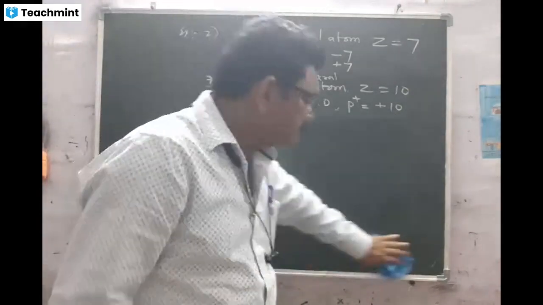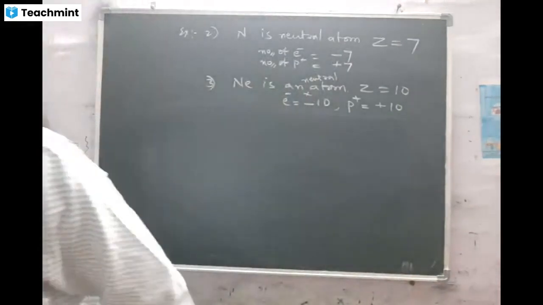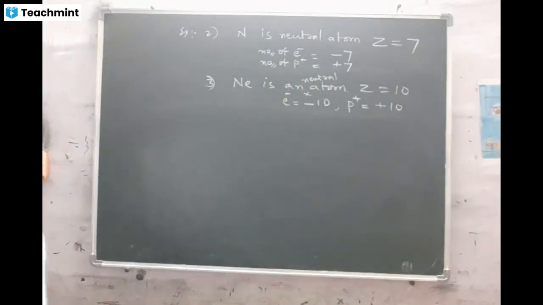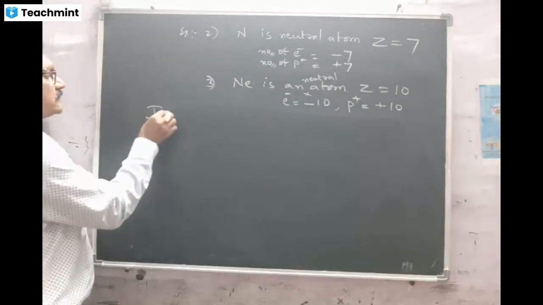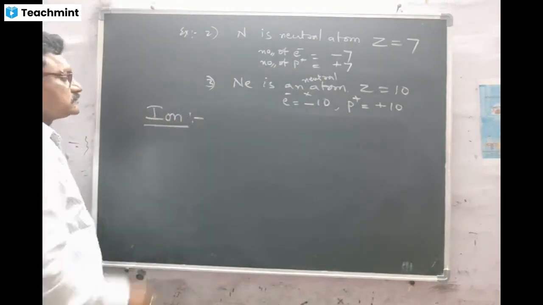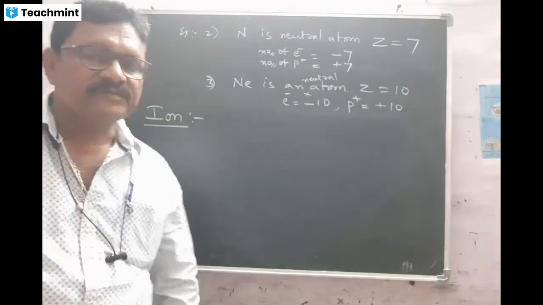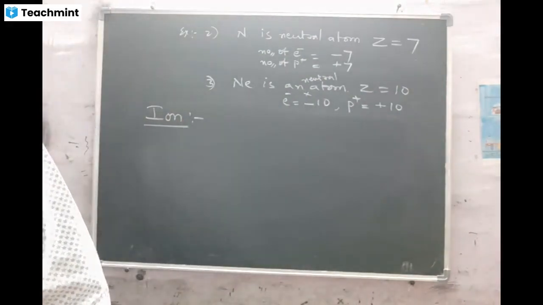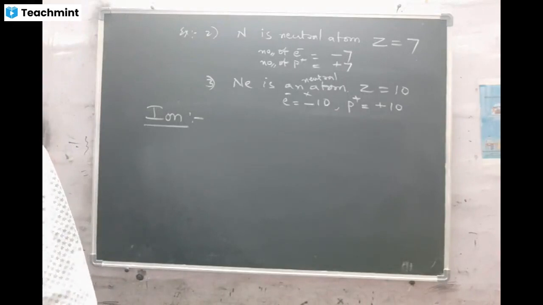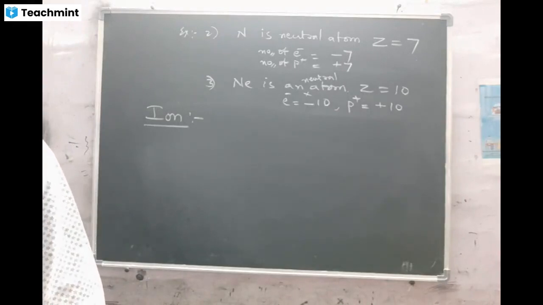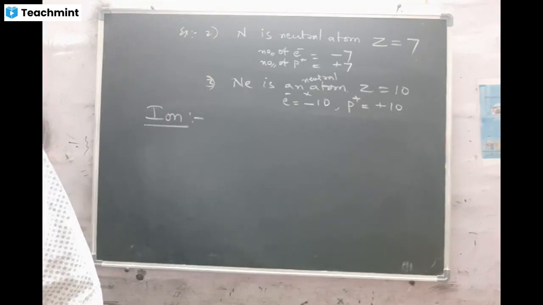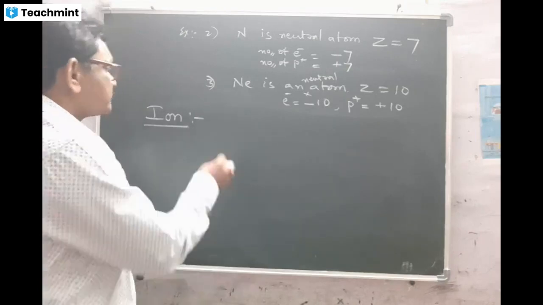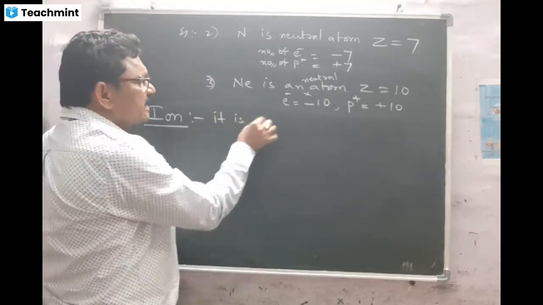Okay. After understanding the neutral atom, we go for ions. What do you mean by ion? Next definition we are going to discuss, that is ion. So ion means it is a charged atom.